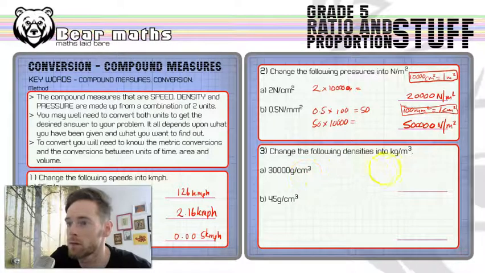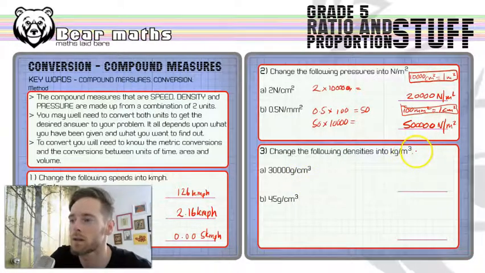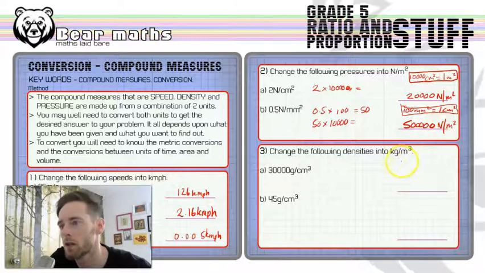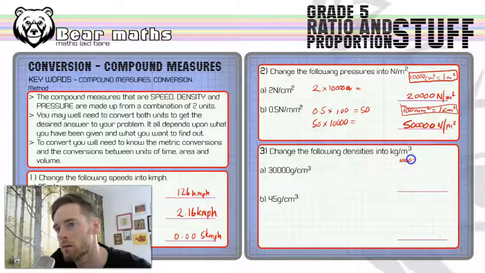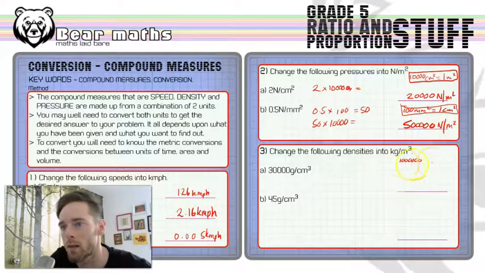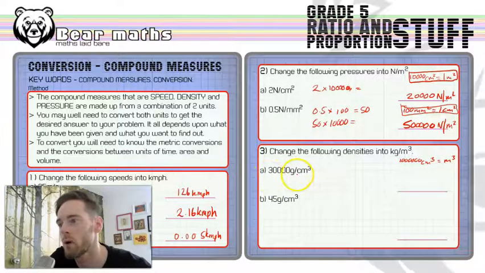First of all, we need to know the conversion rate between centimeters cubed and meters cubed. There are 1 million, so that's 1 and 6 zeros, centimeters cubed in 1 meter cubed. So we're going to multiply by a million, basically just add 6 zeros on.